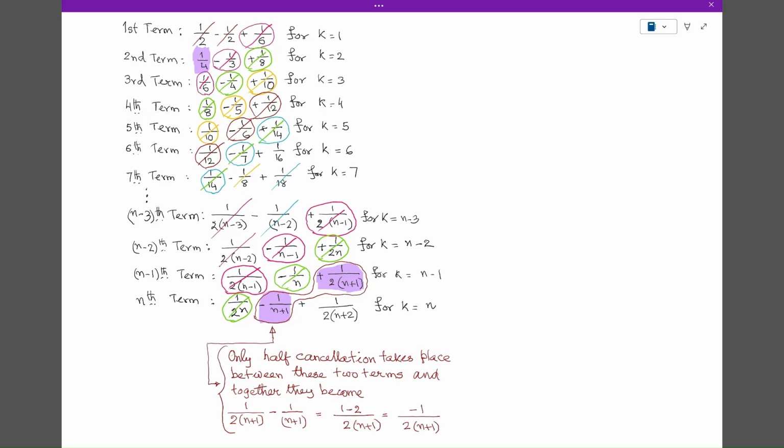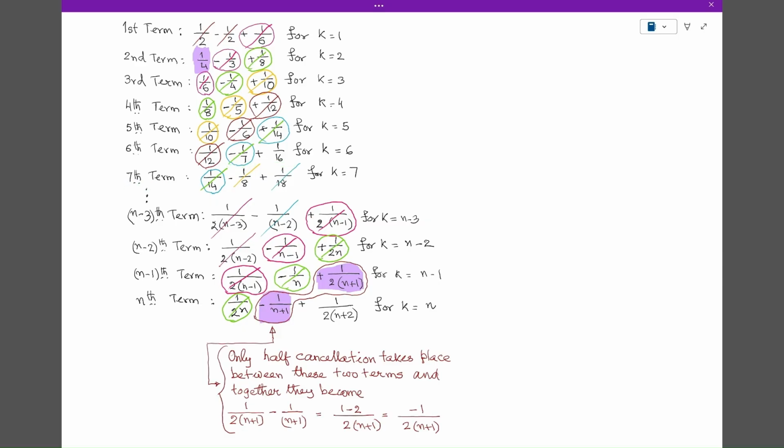The fourth term for k is equal to 4 becomes 1 by 8 minus 1 by 5 plus 1 by 12. The fifth term for k is equal to 5 becomes 1 by 10 minus 1 by 6 plus 1 by 14. The sixth term for k is equal to 6 becomes 1 by 12 minus 1 by 7 plus 1 by 16.